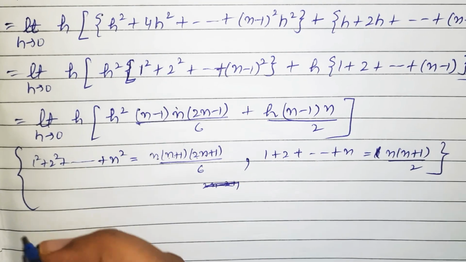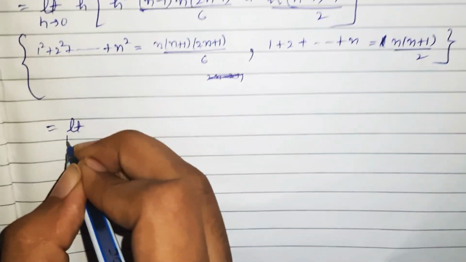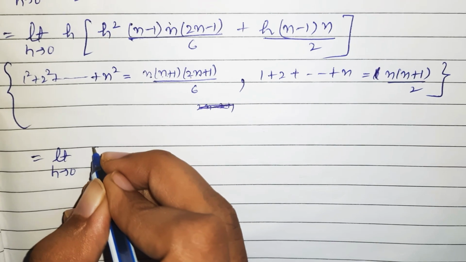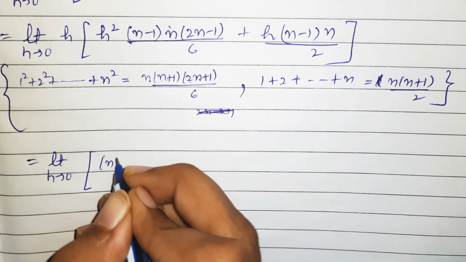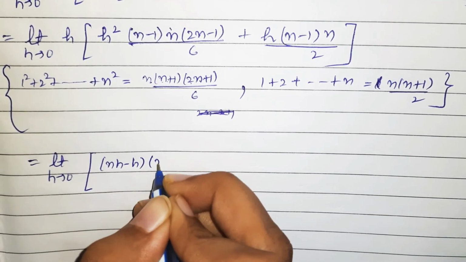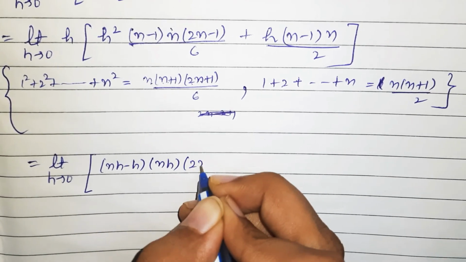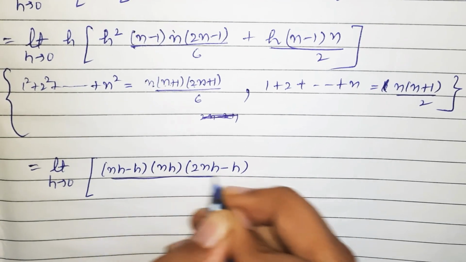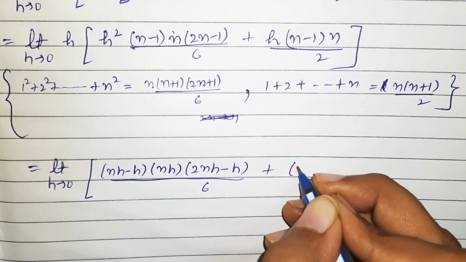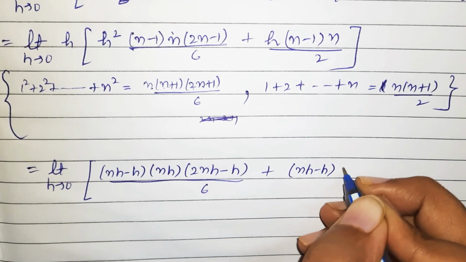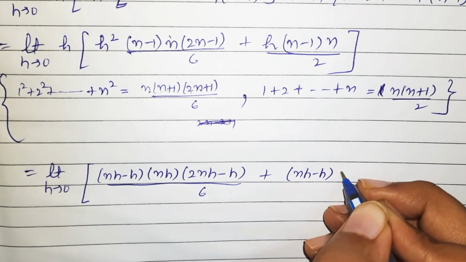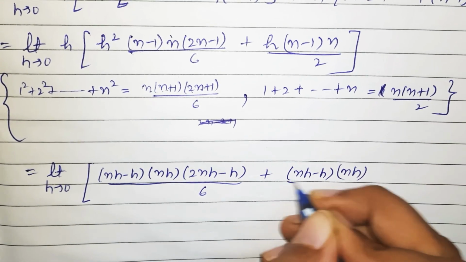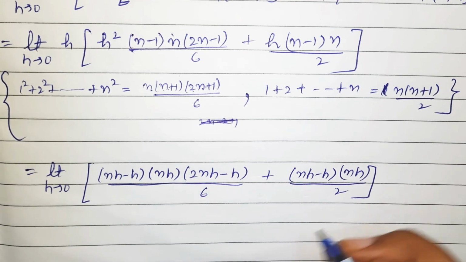Now take h inside. Now we will be having 3h. So 1 h you need to take with 1 term: nh minus h, nh, 2nh minus h upon 6, and this is nh minus h, and this will become nh by 2. The value of nh is 3.